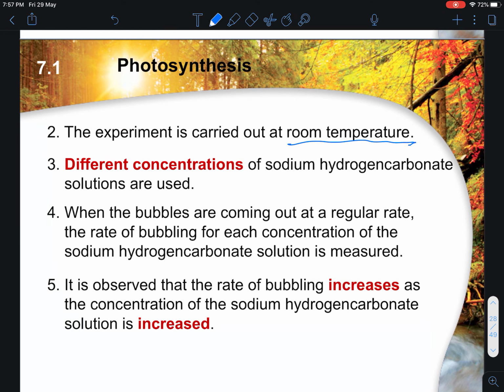Okay, so generally this is how it occurs, and beyond this point, CO2 is no longer the limiting factor. CO2 is the limiting factor here. Beyond Y, it is no longer. And of course the rate of photosynthesis will increase when CO2 is increased. So if you are ever asked to sketch, do take note that if the CO2 concentration increases by double, your height must increase by double.